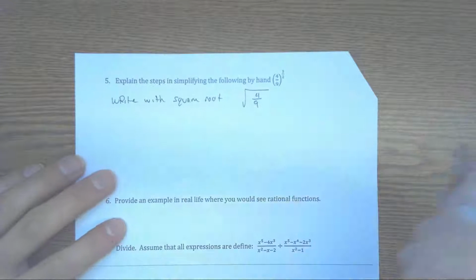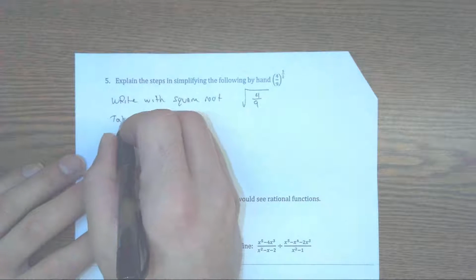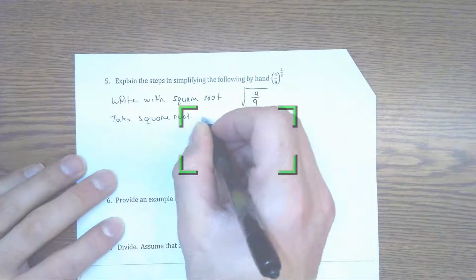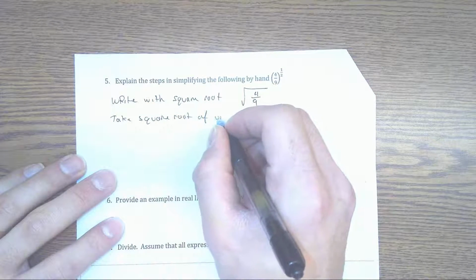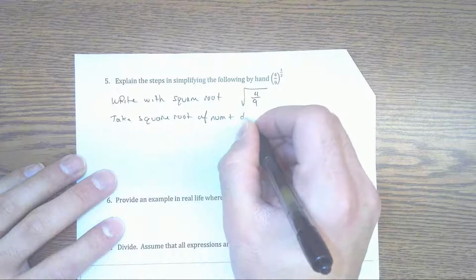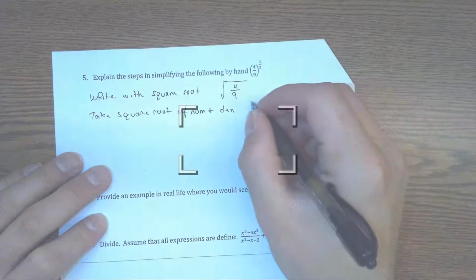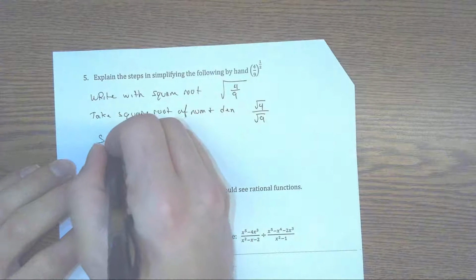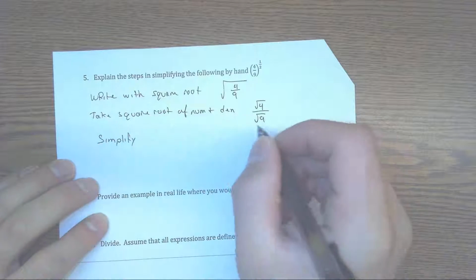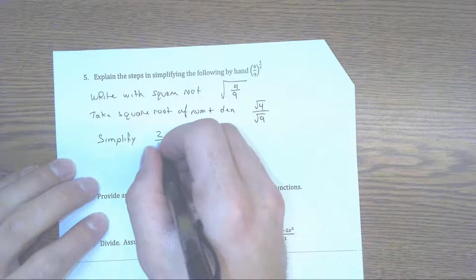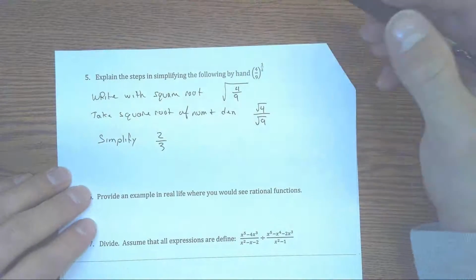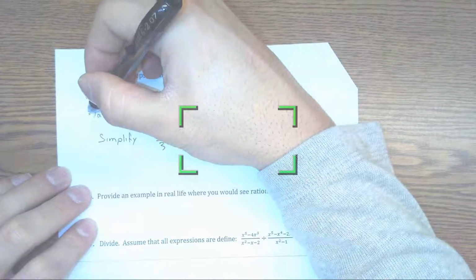And we take the square root of the numerator and denominator. So square root of 4 over square root of 9. Lastly, we simplify. Square root of 4 is 2, square root of 9 is 3. Now, it doesn't tell you to write all of this, but I really think it makes it much easier if you do the work as you go. So we just have 3 short steps right there.